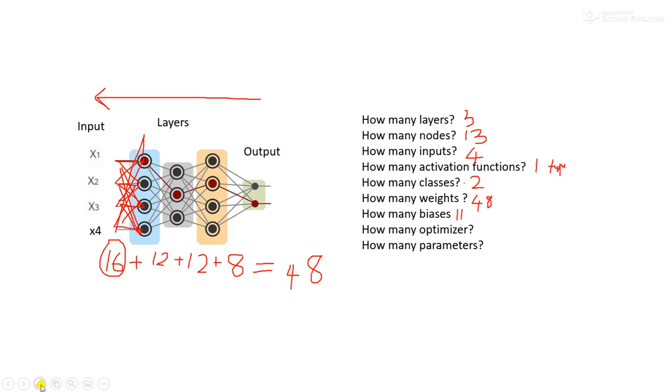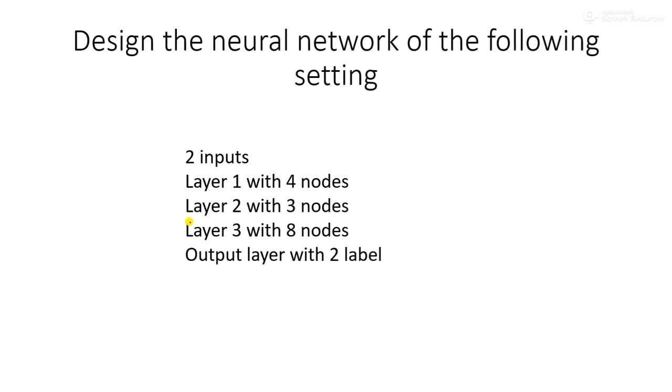So basically this is 48 weights. How many parameters? So weight and bias, so 50. Optimizer only one. We're going to use one optimizer for the whole epoch. Okay, got it? Okay, now let's move on.